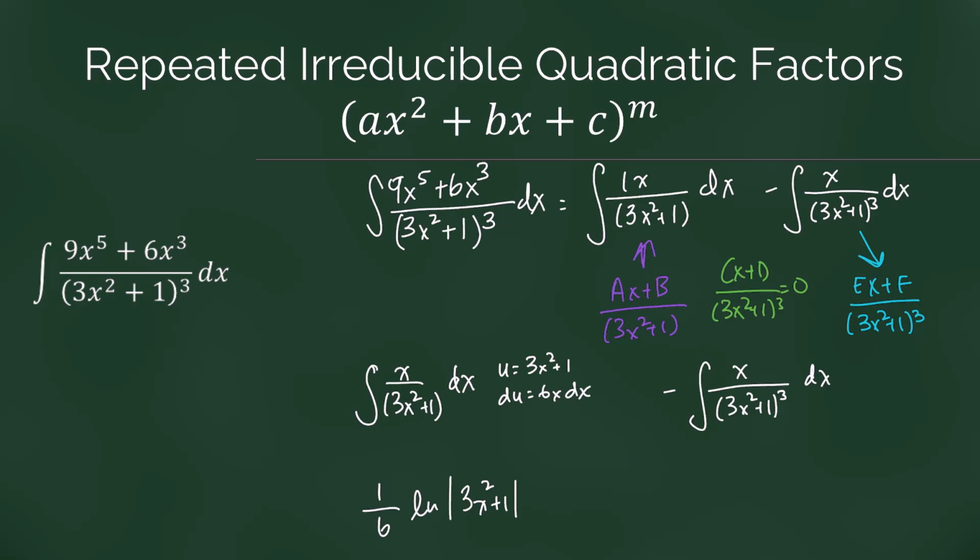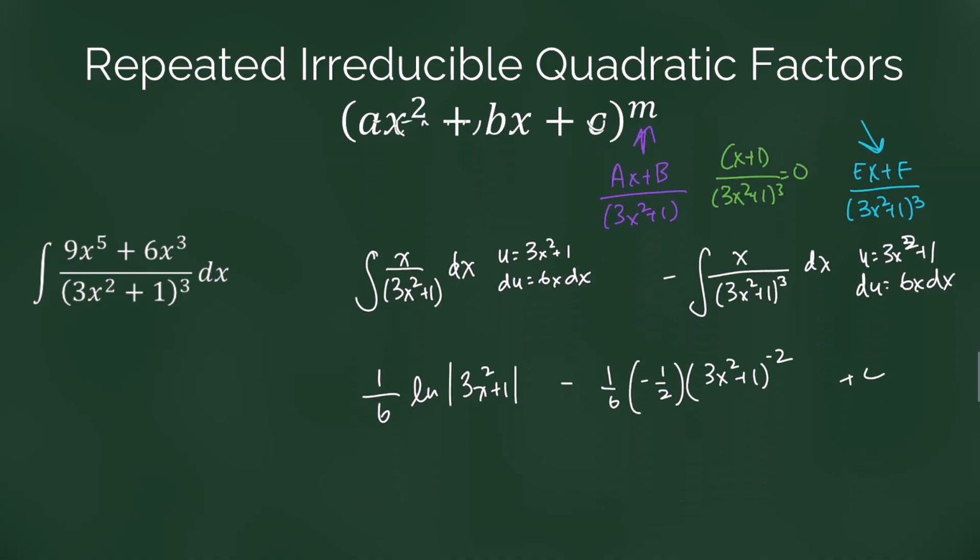Same substitution, u is 3x squared plus 1, du is 6x dx, so this becomes -1/6, and then we're going to have u to the -2 divided by -2, so that's times -1/2 times 3x squared plus 1 to the -2 power, since it was originally raised to the -3. Then we'll add our constant on.